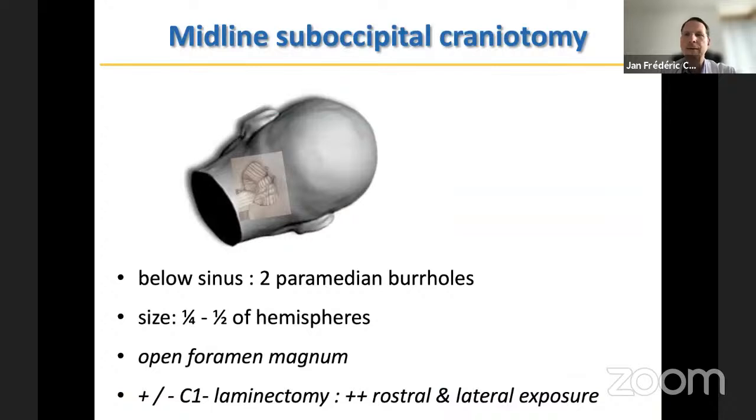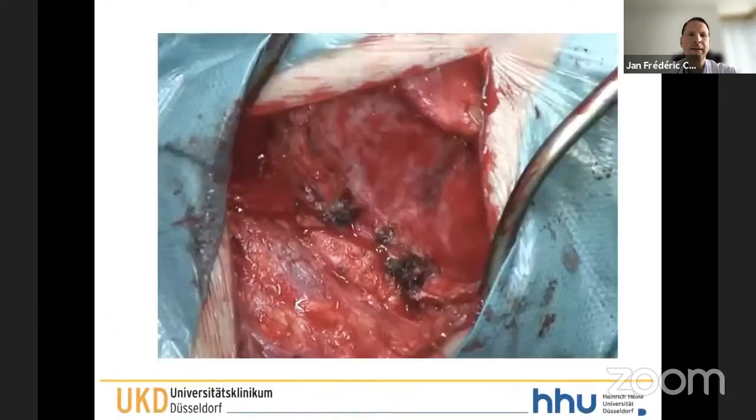So the burr holes, we put the burr holes here below the sinus, and then we do a craniectomy, which is about 1/4 or 1/2 of the cerebellar hemisphere, and usually you open, of course, the foramen magnum, and sometimes to increase the caudorostral view, you can add a laminectomy of C1.